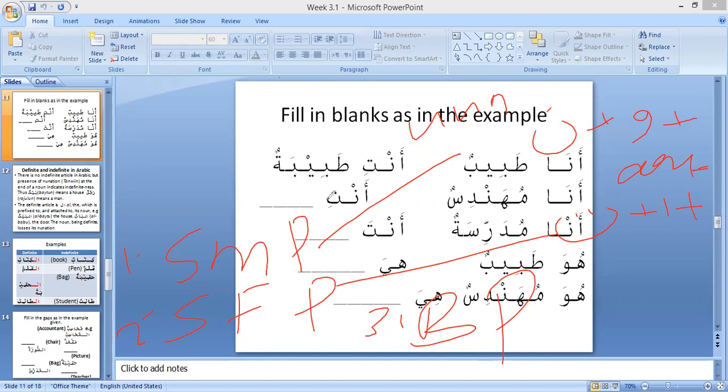So here, of course, it's not for us to decide which word should take sound masculine plural, which should take sound feminine plural, or which would take broken plural. The Arabs already decided which word goes where.